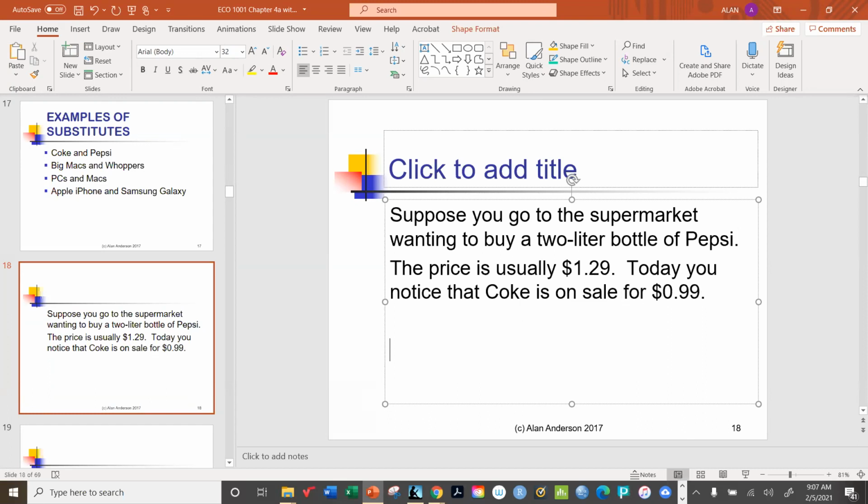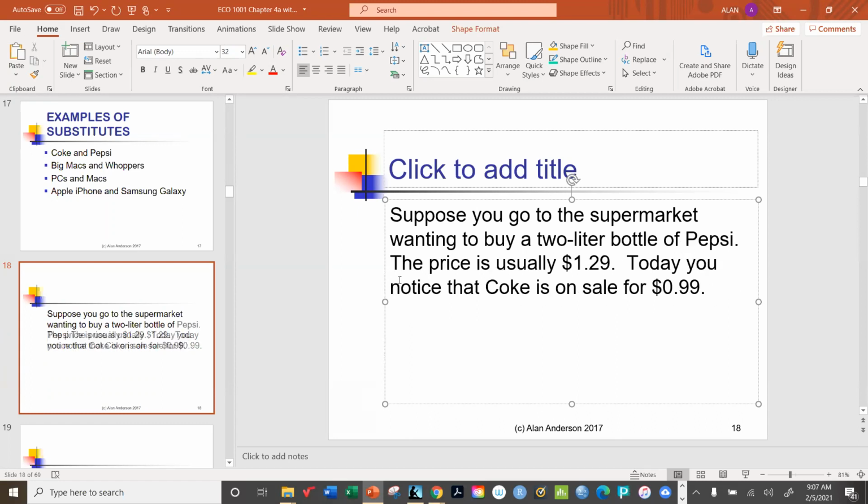What are you likely to do? Well, not everybody, but what do you think most people will do when they see this? Many people, okay, here we go. That's right. Many people will buy the Coke because the price is lower.